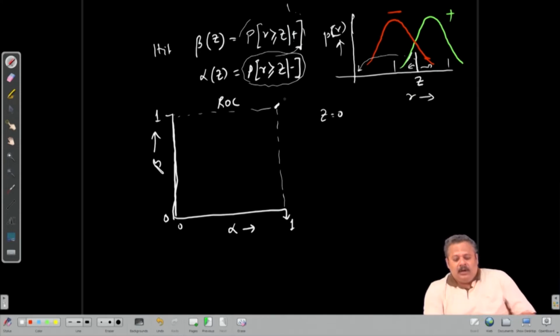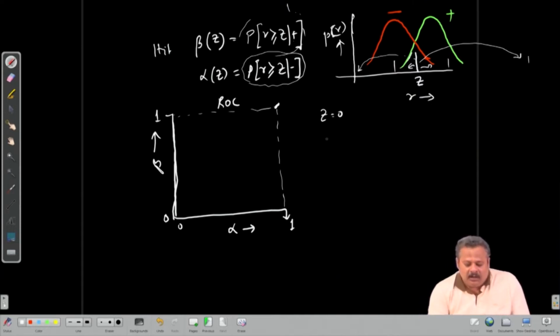Now, if we consider z to be extremely large, or plus infinity, then probability r greater than or equal to z is going to be 0, because no matter what the stimulus, our rate is always going to be less than z.